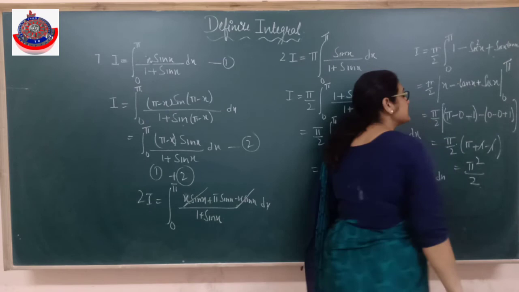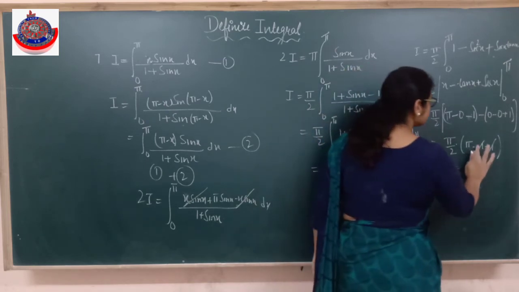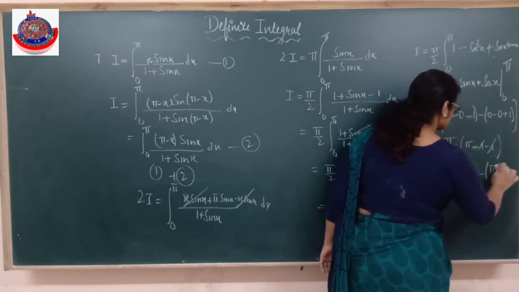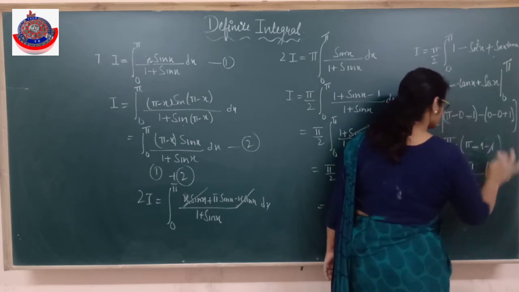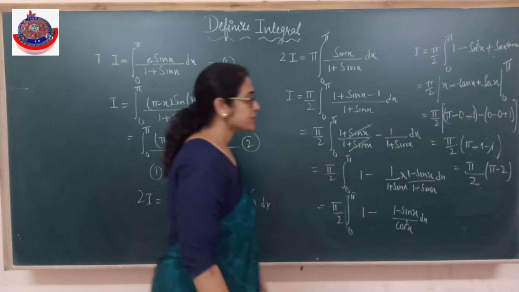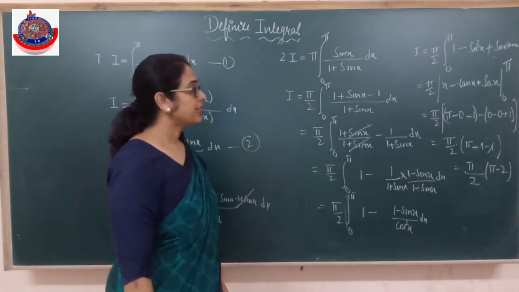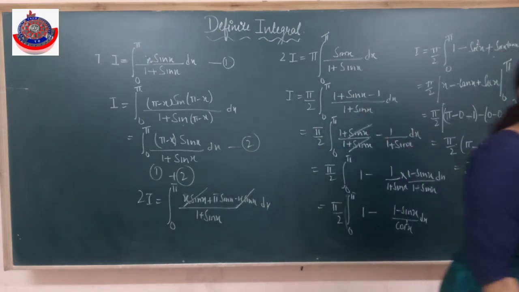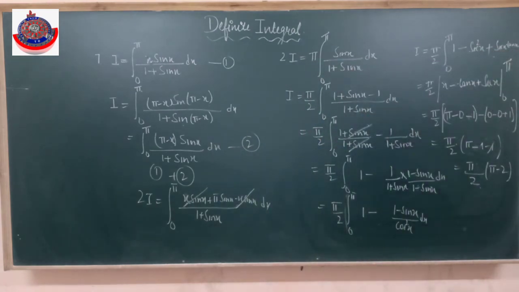Secant pi is minus 1, beta. Alright, clear? So pi minus 2 pi, pi by 2 is outside. So that would be the answer. I hope the things are clear to you, where to apply these properties and how to apply them.